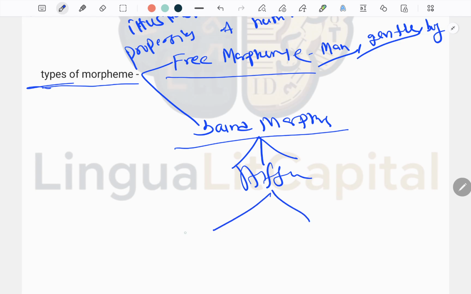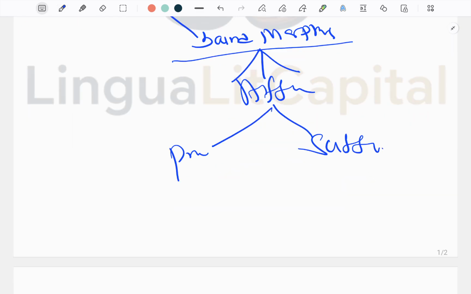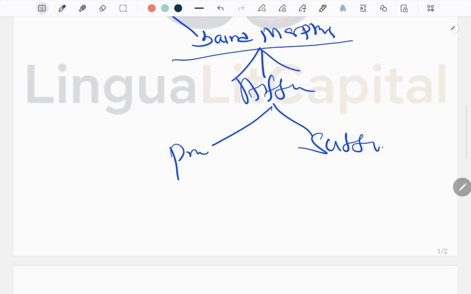Affixes are divided into two parts, that is the prefixes and the suffixes. When do we talk about prefixes? Prefixes means that if there are any letters or sound segments added before the nouns or before the words, then that is known to be a prefix.